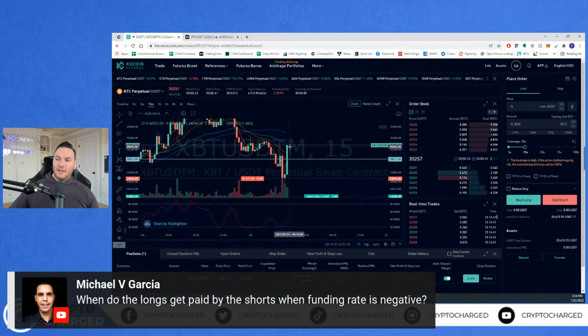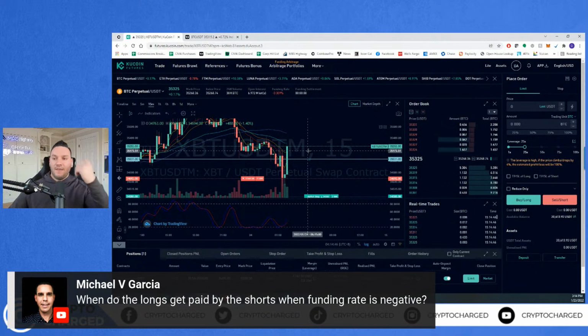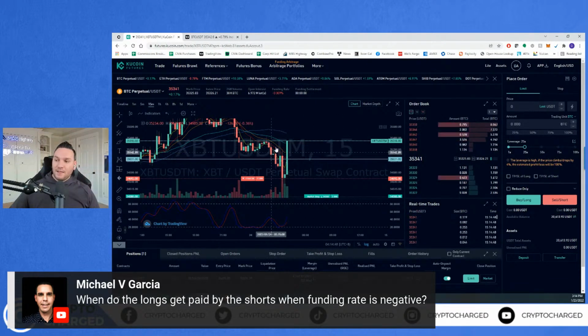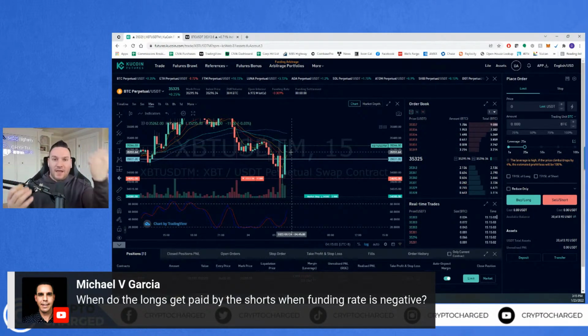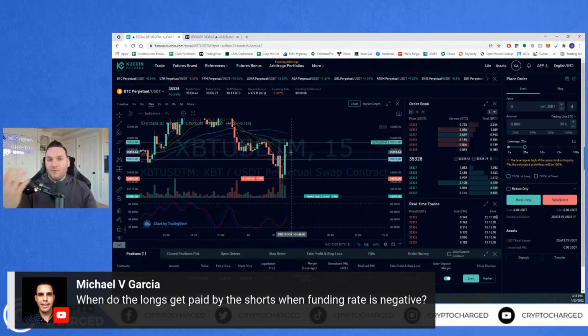Well, if they have, let's say, a 1 Bitcoin long position, they can open up a short position for 1 Bitcoin. If the funding fee is positive, they're safe as far as any risk with the price of Bitcoin going up or down, because they have 1 Bitcoin in the spot market and 1 Bitcoin short in the futures market.